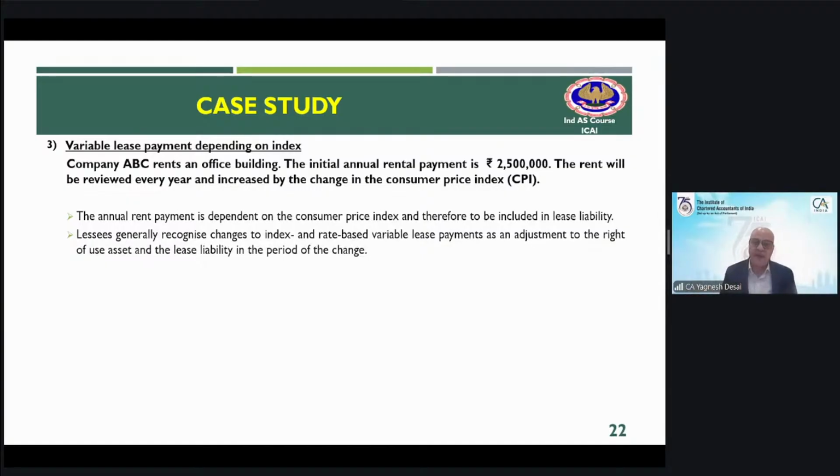Next year, the index becomes 110, and the lease was for 5 years. At the end of year one, what is the remaining period? 4 years. At the beginning of year two, the index has gone up from 100 to 110. So what is the increase? 10%. My rentals will then be 25 lakhs plus 10% of 25 lakhs, which is 2 lakhs 50,000. My rentals will then be 27 lakhs 50,000.